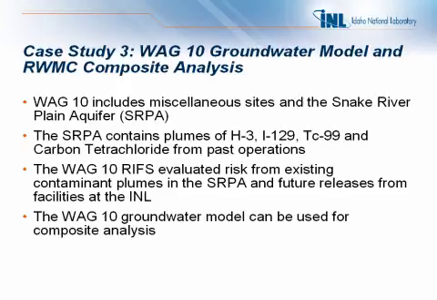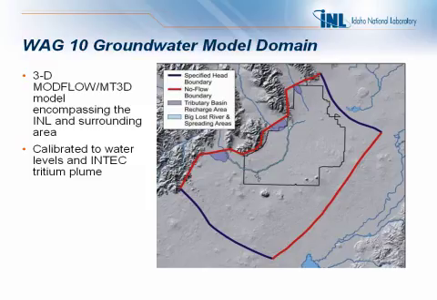Here's the modeling domain, a fairly large area. Here's the Big Lost River. So we have recharge and boundary conditions set. This was done with MODFLOW and MT3D, and calibrated to water levels at INTEC. Calibrated to the INTEC tritium plume.